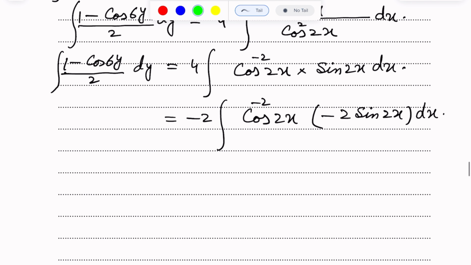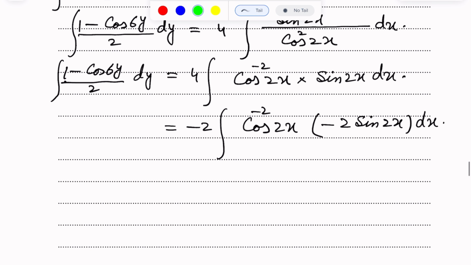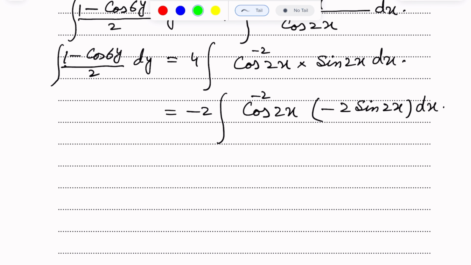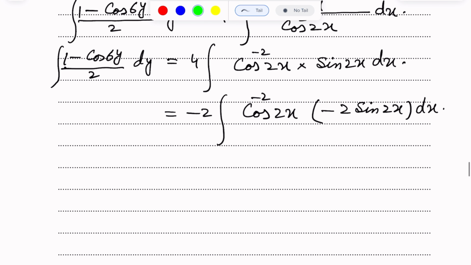Now we have set these functions in this form, so we can use that formula I have just written. So first we integrate the left hand side.